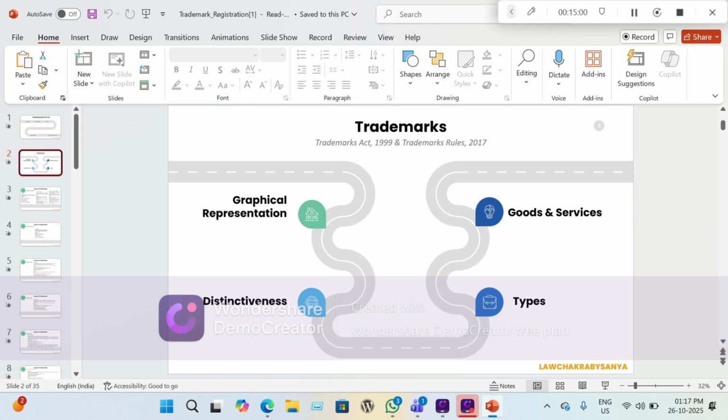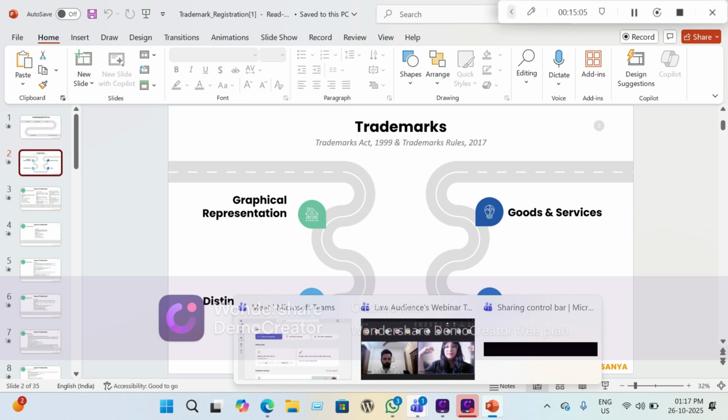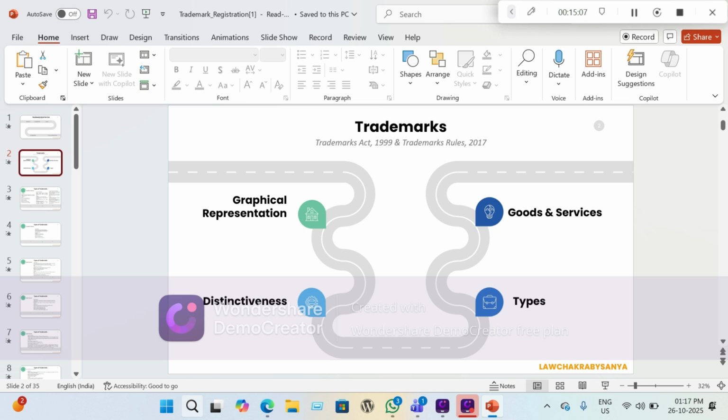What is a trademark? To put it very simply, it's a combination of words or a design or a sound or a particular kind of representation that can be seen visually.